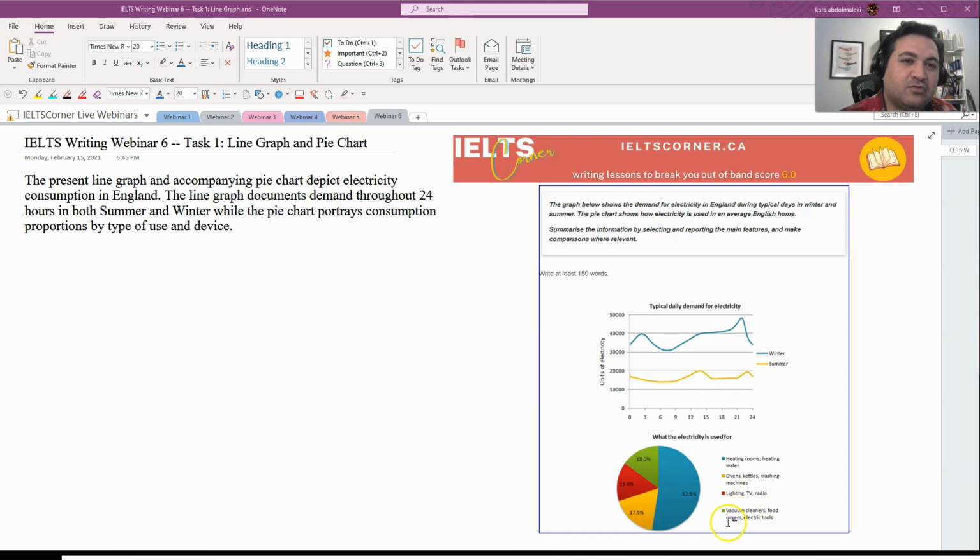And then for the green, it's vacuum cleaners, food mixers, electric tools. We can call that electric devices and home appliances. Can you say accessories? No, accessories is like jewelry and these things that you wear.